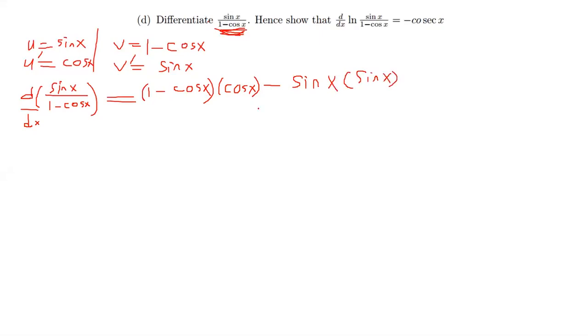Then everything divided by v squared, which is 1 minus cos x, then you square this.